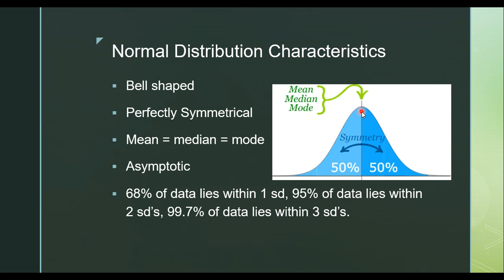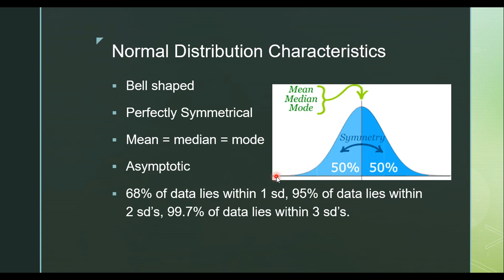Something else to note is normal distributions are asymptotic, meaning that on the right-hand side, this is getting closer and closer and closer to zero, but never quite reaches it. And on the left-hand side, it's getting closer and closer to zero, but never quite reaches it, because we're actually using this normal distribution to account for all possibilities, infinitely many possibilities. And since there's infinitely many, we can't get to infinity.